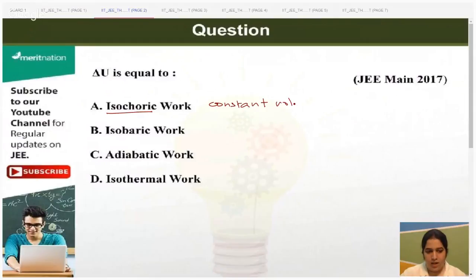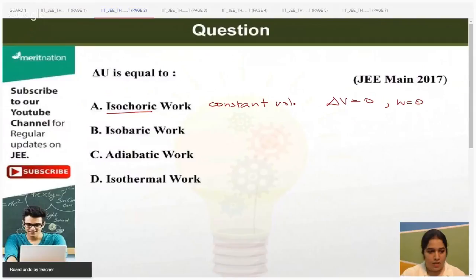When the volume is constant, the initial and final volume are the same, so delta V is equal to 0. In this case, work done is equal to minus P delta V, which is 0, so work done is 0.